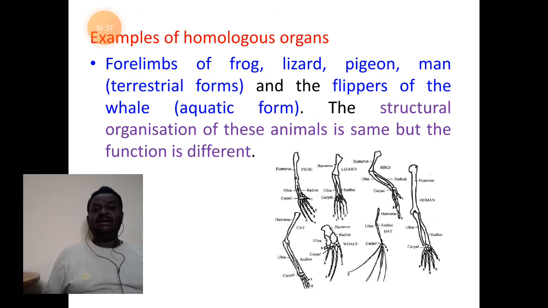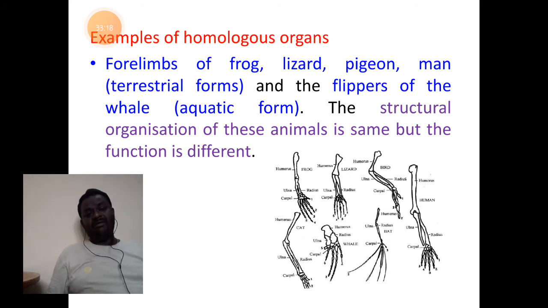In your syllabus, you have two examples to study under homologous organs. Number one, the four limbs of vertebrates, where we generally avoid the aquatic vertebrates, because present aquatic vertebrates belonging to the Piscean group do not have the structure called flippers, but aquatic mammals like whales and dolphins have it, showing the internal organization similar to that of the tetrapodian vertebrates.